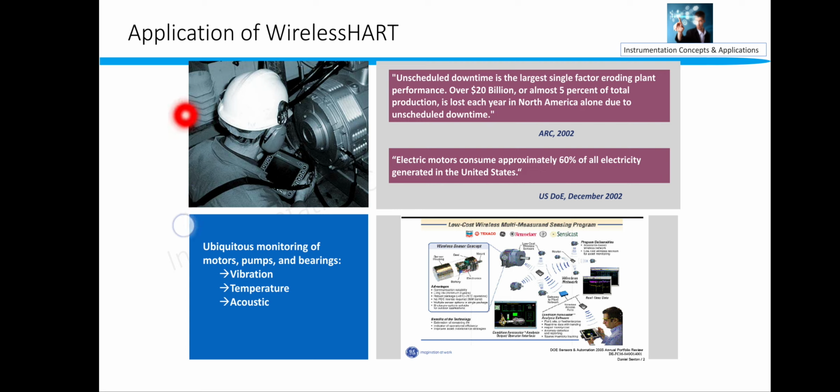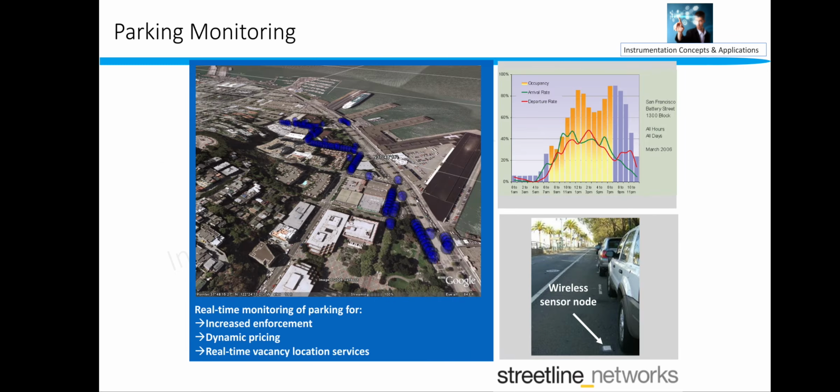The application of WirelessHART is the same application being used here also: the monitoring of vibration, temperature, and acoustic sensors. These three sensors are installed in my organization over WirelessHART technology, and we use them for monitoring and healthiness checking. Another use may be parking monitoring.